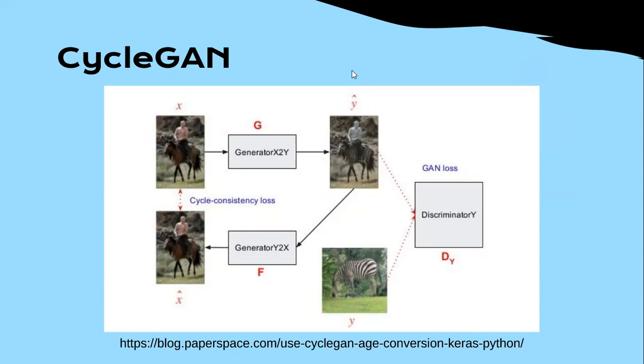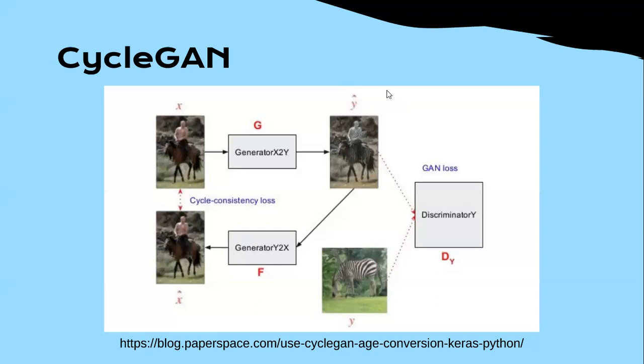It has two discriminators. First, when we domain transfer domain A to domain B, it goes to this discriminator and then calculates the GAN loss. And then when it goes back, it maps it back, this is the unique part of the CycleGAN.